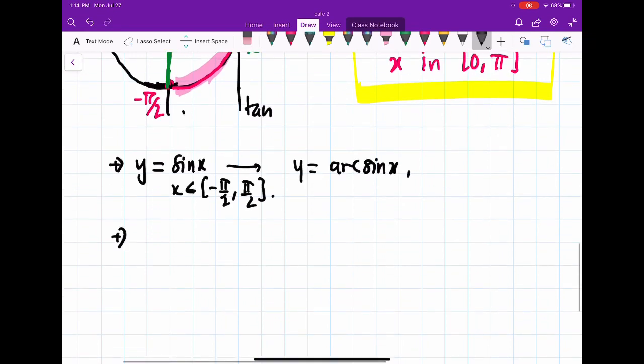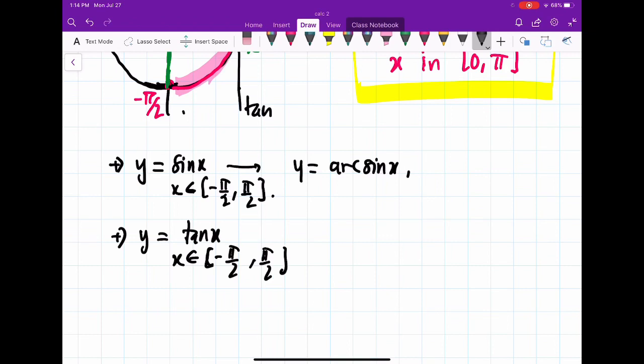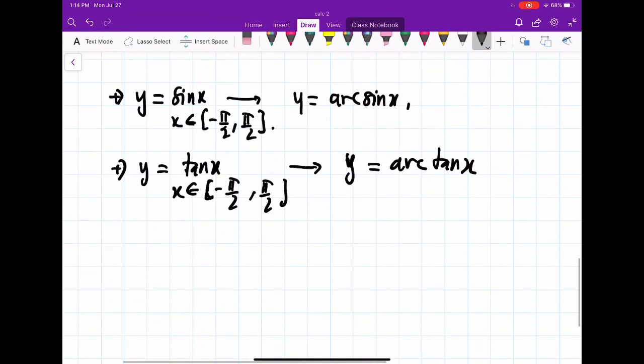The function y equal to tangent of x, I want to write this, right? When x is between negative pi over 2 and pi over 2, tangent has an inverse, y equal to arctangent of x. Okay? And the function y equal to cosine of x has an inverse when x is between 0 and pi.